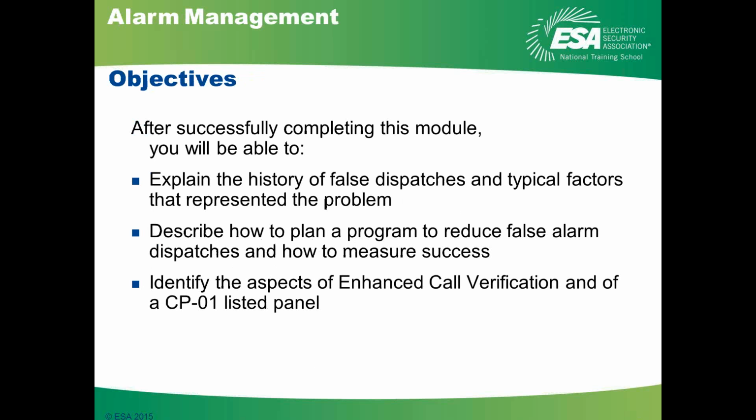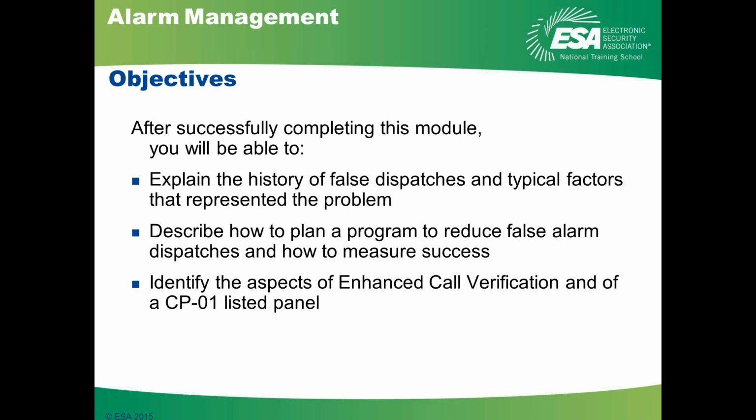Under alarm management, we tried to organize it so it flows a little bit better. Talk about the history of the dispatch and the factors that represented the problem. Describe a plan to reduce the dispatches and how to measure it, and then also talk about the aspects of ECV and CP01.